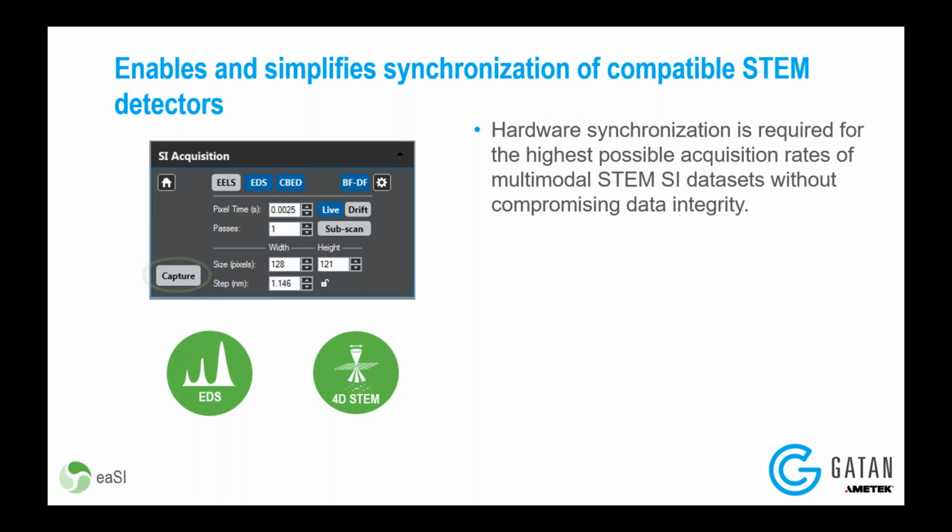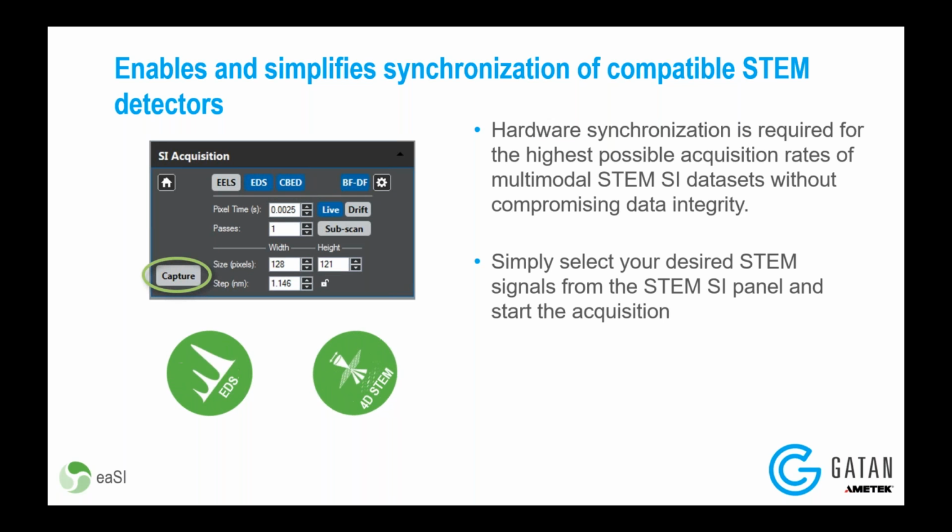The last thing I want to mention about working with 4D STEM data in DigitalMicrograph is that in these new versions of DigitalMicrograph, you can now start doing very fast 4D STEM acquisition. If you pair the ClearView camera with a compatible EDS detector, you can do simultaneous 4D STEM and EDS data acquisition directly within DigitalMicrograph.